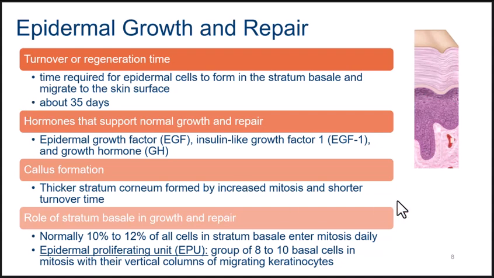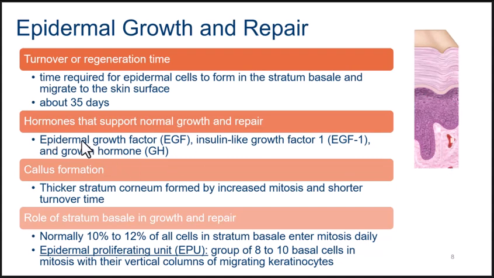And so this takes about 35 days. So let's look at this image here. This layer here is your stratum basale. And cells that undergo mitosis here are going to travel to the top where they'll be sloughed off. And this process of going from here to here takes about 35 days.